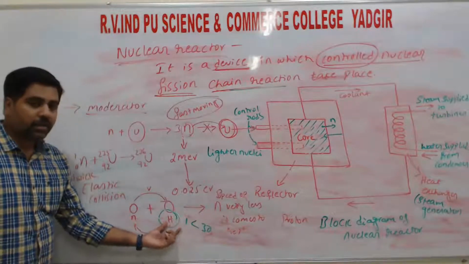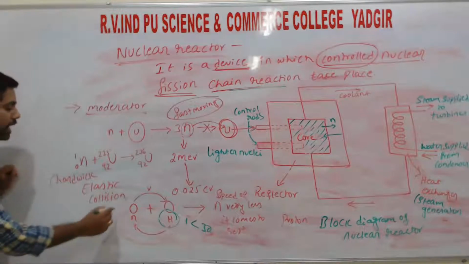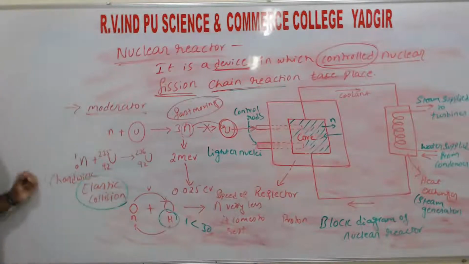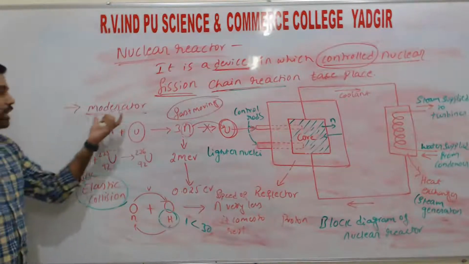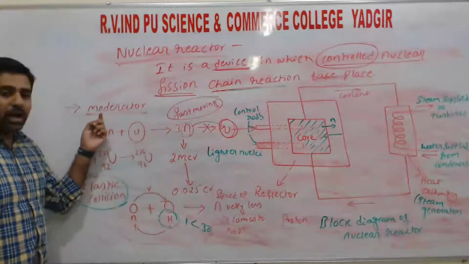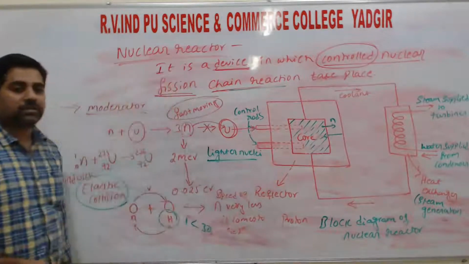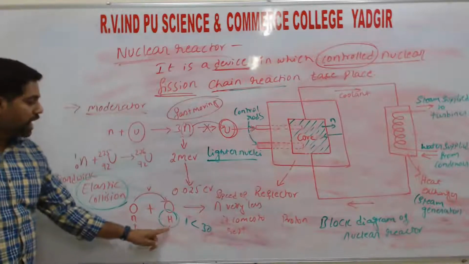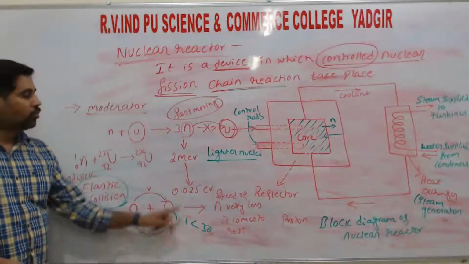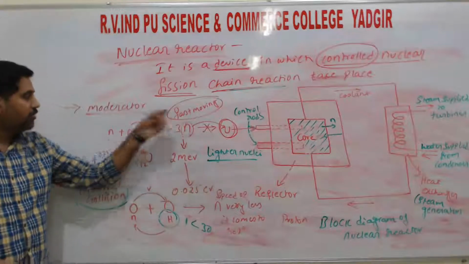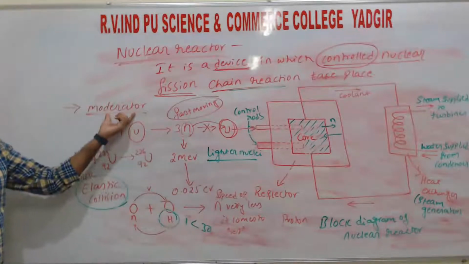By observing this experiment, the elastic collision done by Chadwick, in the nuclear reactor we are using lighter nuclei as the moderators, right? Hydrogen is the lighter nucleus, and this lighter nucleus we are using as the moderator.